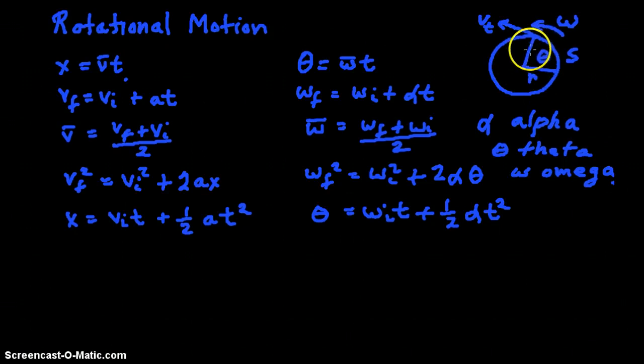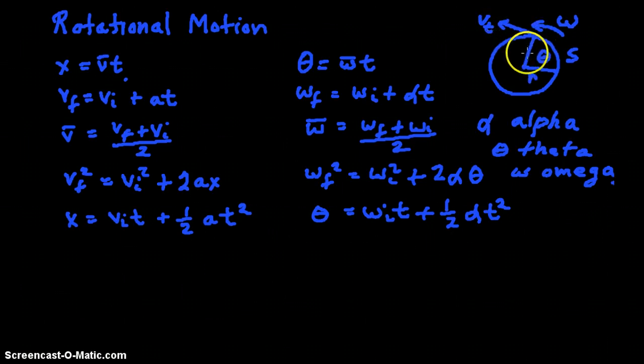So anyway, if this is a bicycle tire, this could be a spoke, and all the spokes have the same angular velocity and the same angular acceleration. But the tangential velocity, say you had a rock stuck in your tire and it flew out, it would fly out with a certain tangential velocity.